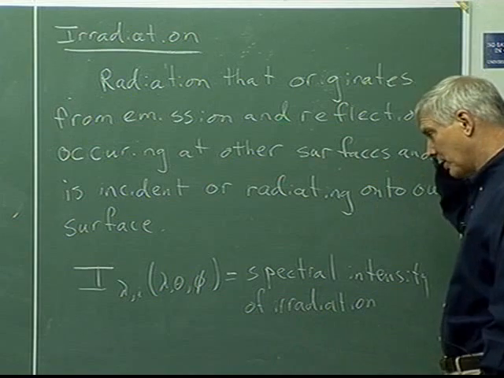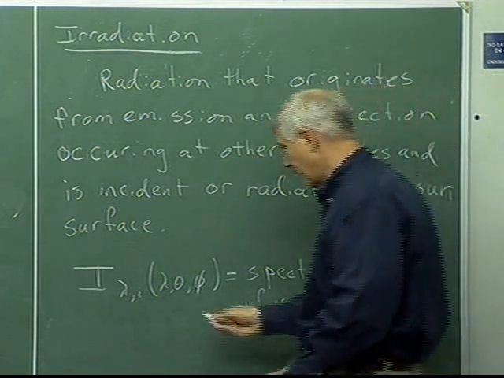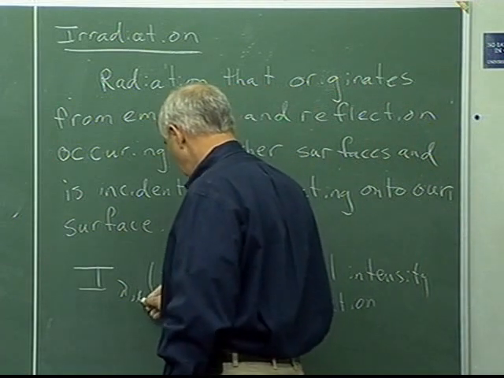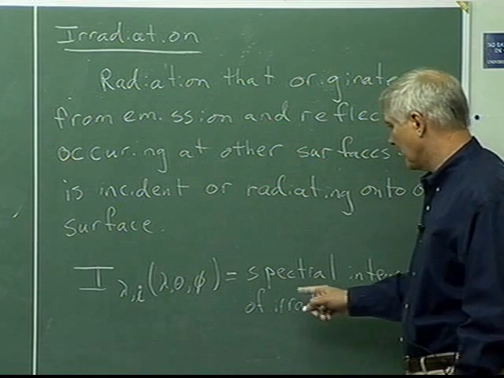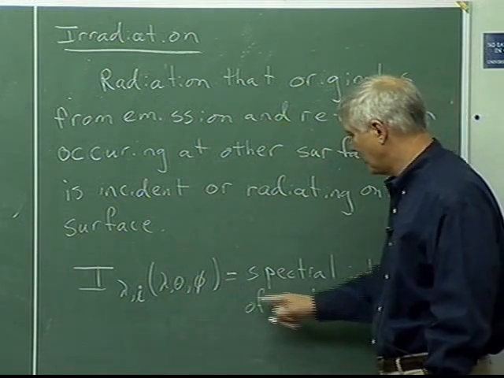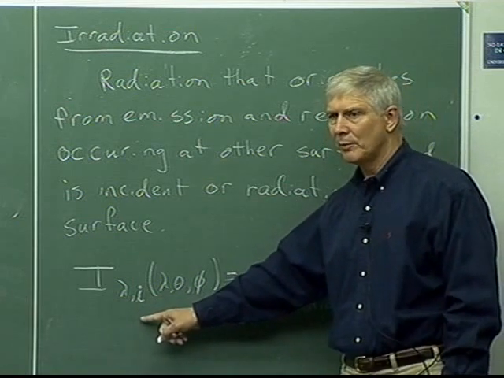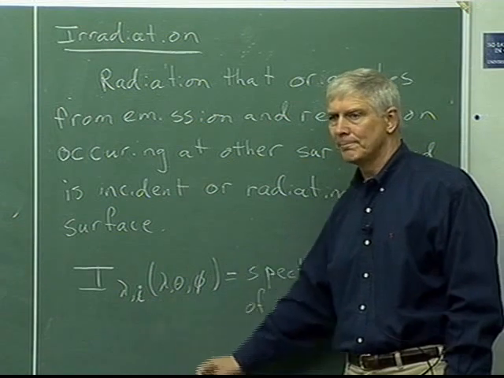All right, so we're going to define our spectral intensity of the irradiation. And instead of using an E subscript, we're going to use an I subscript. It'll look exactly the same though. So our spectral intensity of irradiation will be defined exactly the same way. Okay, and we'll use the I, with a lambda, subscript I.